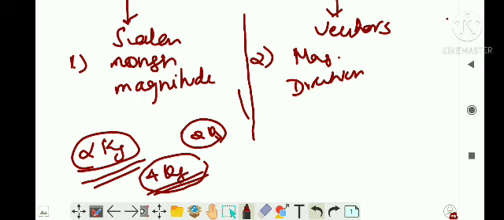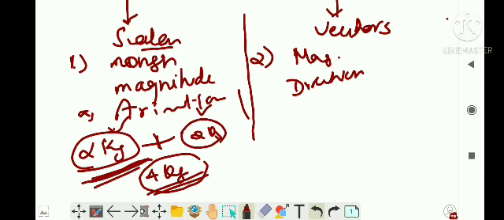So those types of quantities are known as scalars. That means in adding two scalar quantities, you are undergoing what type of operation? Normal arithmetic operation, which you have learned.